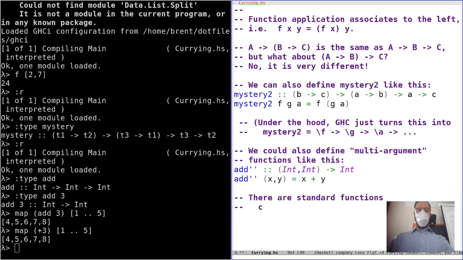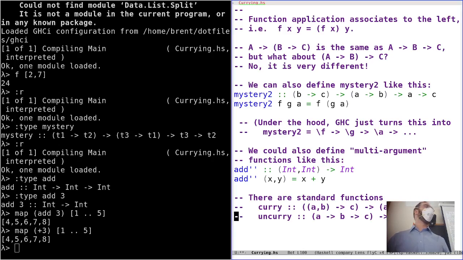So there's a standard function called curry that takes a function of this type that takes a tuple to something and returns a curried function like this, right? And then also uncurry, which goes the opposite way. And these are not hard to define.